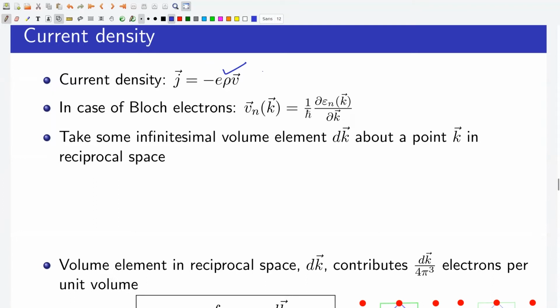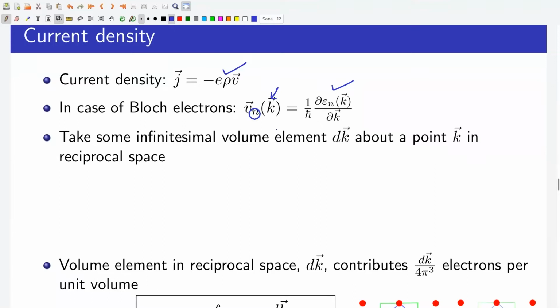We have to determine rho and v for Bloch electrons. Velocity is given by the first derivative of energy with respect to k. Note that velocity depends on k as well as on the band index n. There is no simple explicit expression for the energy of Bloch electrons. As a result, there is no simple explicit expression for velocity either.